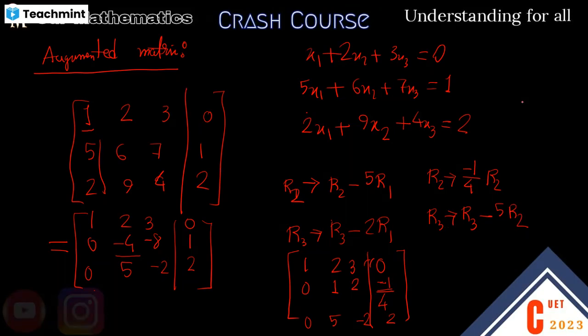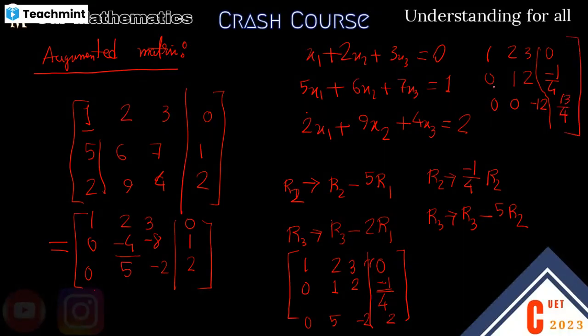Okay, so it will become what? 1, 2, 3, 0, 0, 1, 2 minus 1 by 4, 0 will become 0, minus 2 minus 10, minus 12, 2 plus 5 by 4 becomes, I think, 13 by 4.